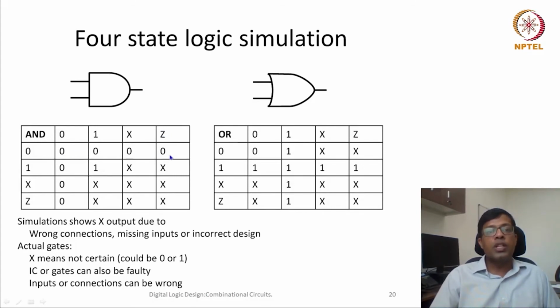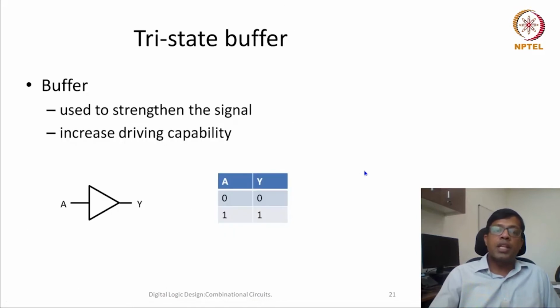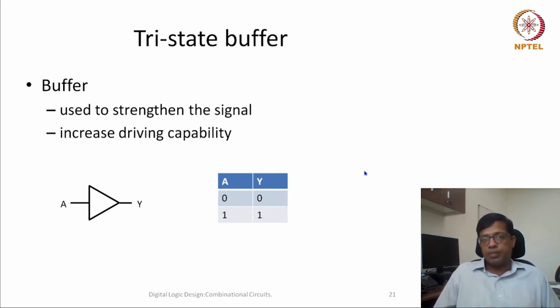In case of AND, the output is going to be 0. If Z and you are doing an OR gate, the output is going to be 1. So that means if one of the states is Z, then it can help you in driving the circuit correctly. In other words, one of the wires is getting disconnected, and only one of them is active at a time.